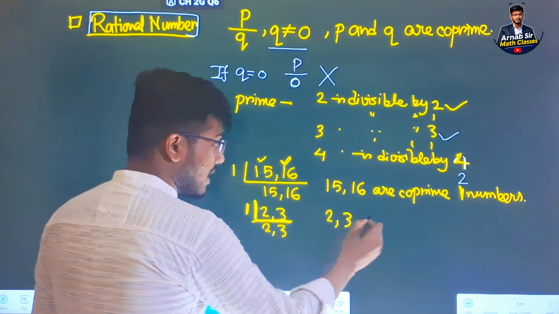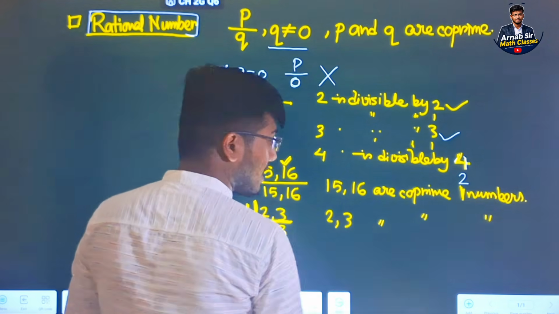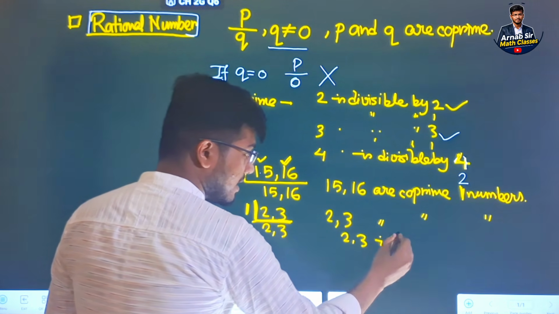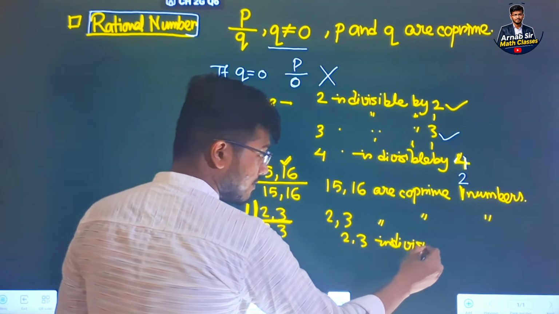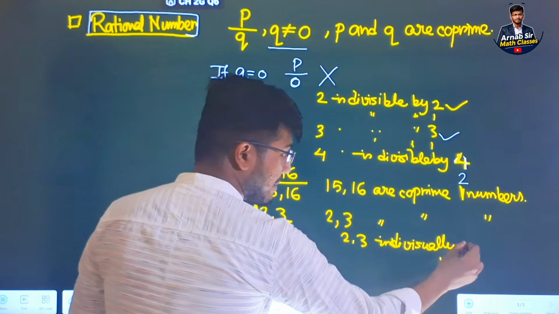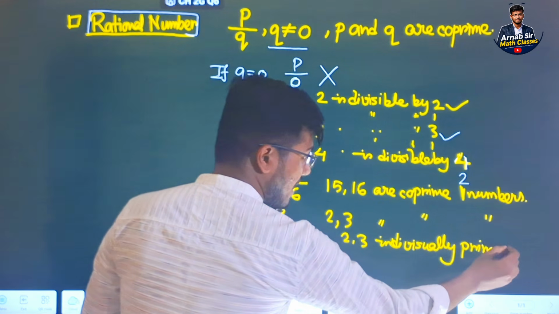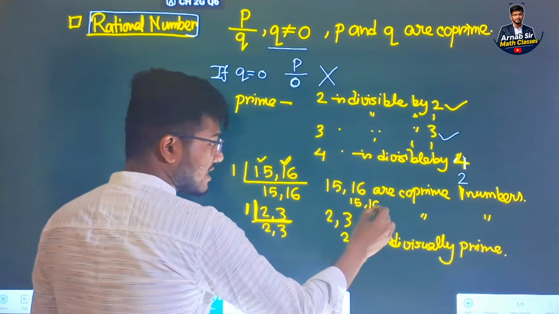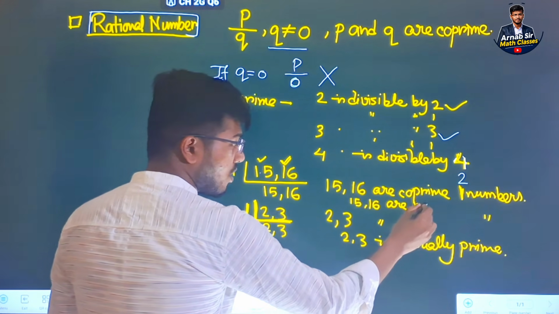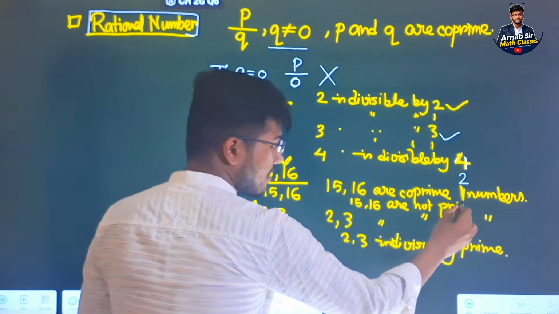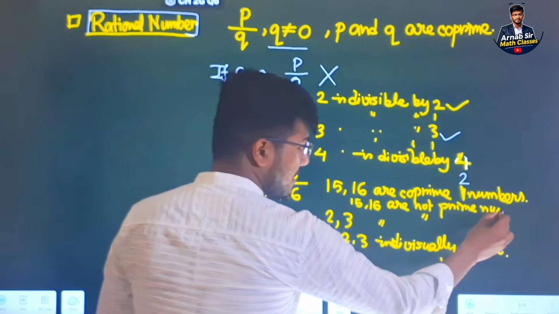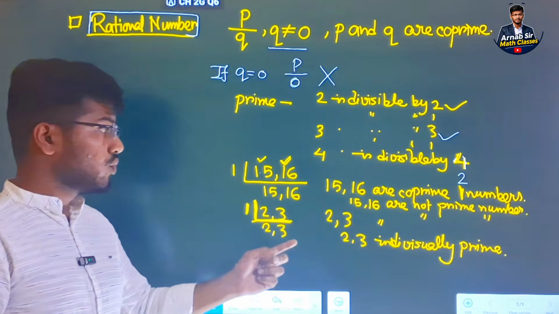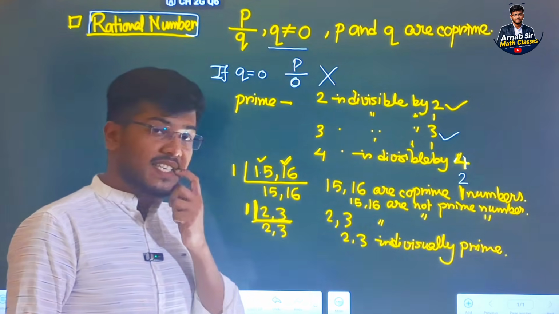So here 2 and 3 are co-prime, and individually they are prime numbers. But 15 and 16 are not prime numbers; they are composite numbers.